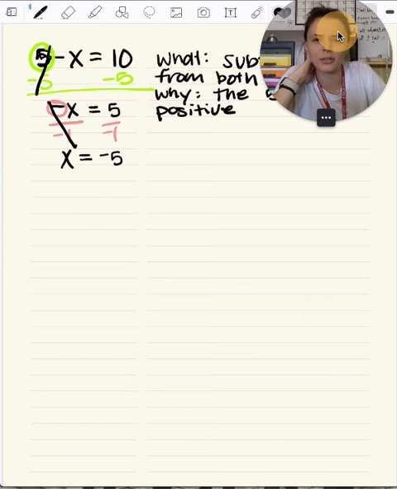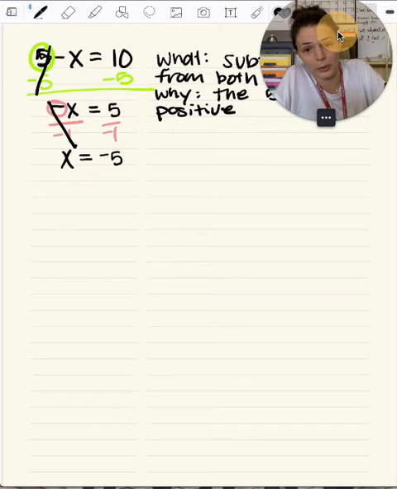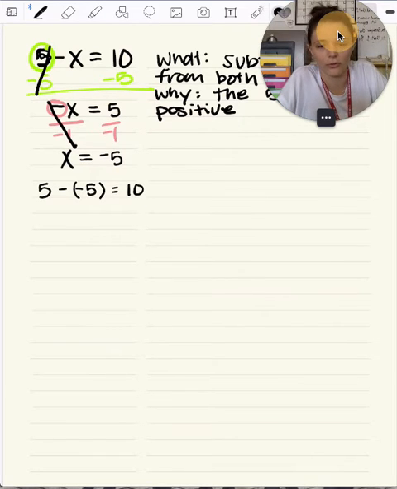And because that one was a little different than what we're used to seeing, I want to plug it back in and make sure that I got the right answer. So I'm going to put negative 5 in place of where my x was in my original equation. So my original equation was 5 minus x equals 10. And I'm plugging in -5 for x.